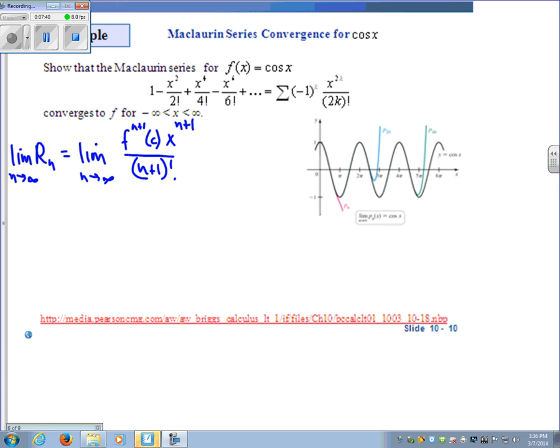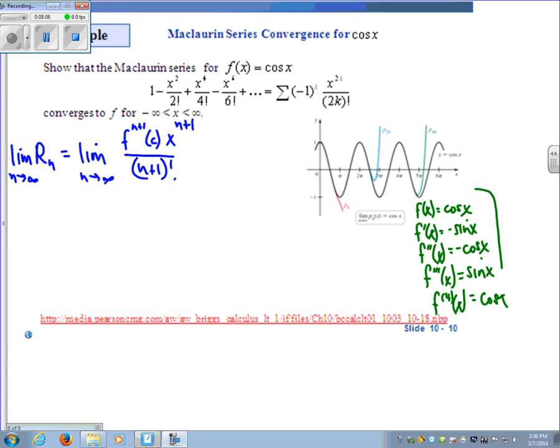Now let's look at the derivatives for cosine of x. We knew that f of x was cosine, f prime of x was negative sine, f double prime of x was negative cosine, f triple prime of x is negative sine, so back to sine, and then the fourth order derivative is back to cosine of x.